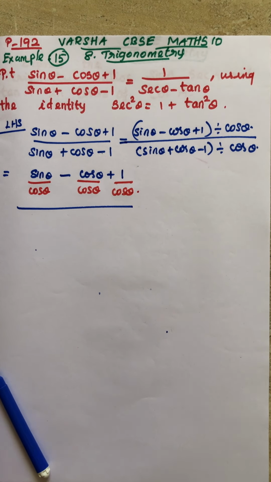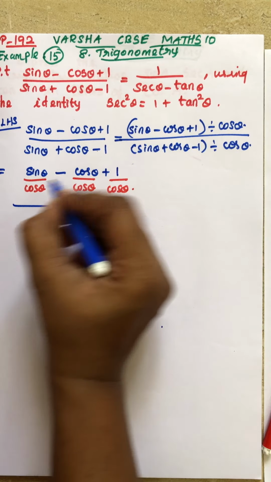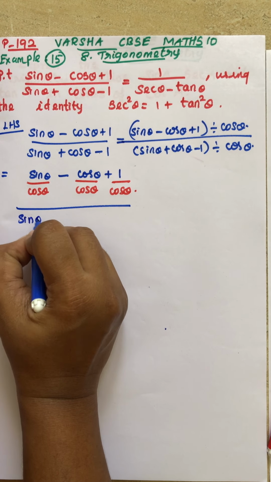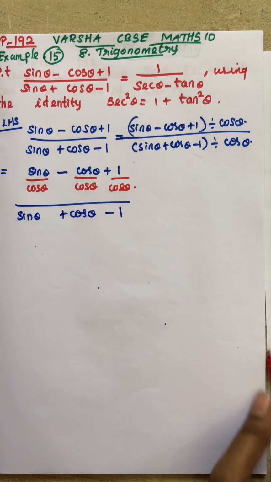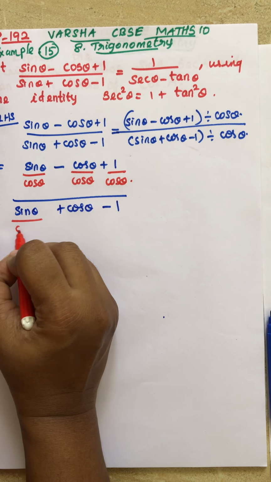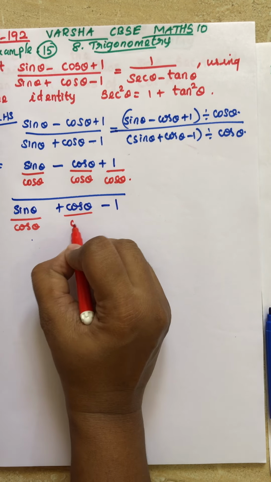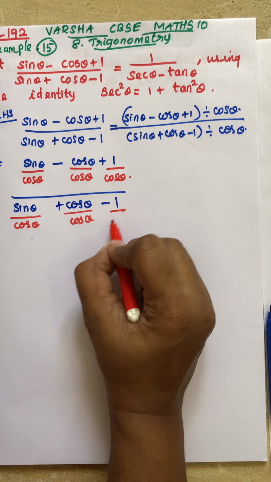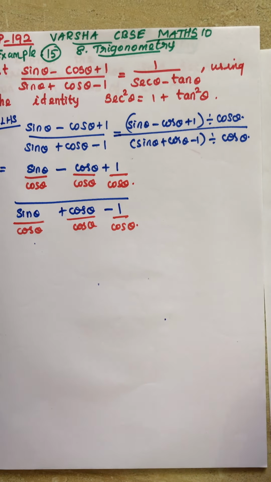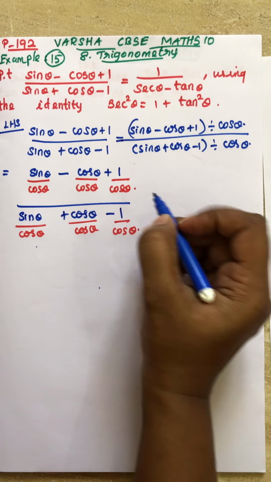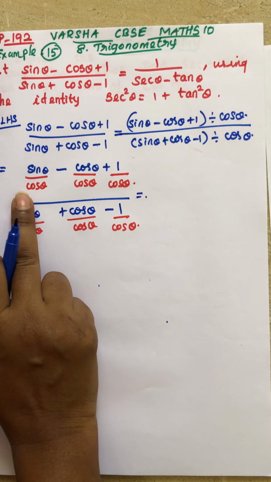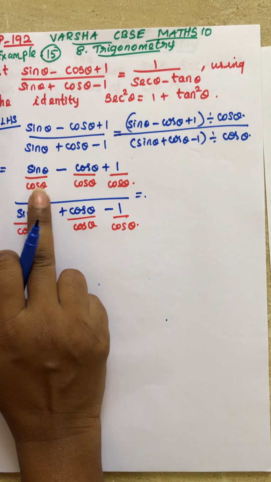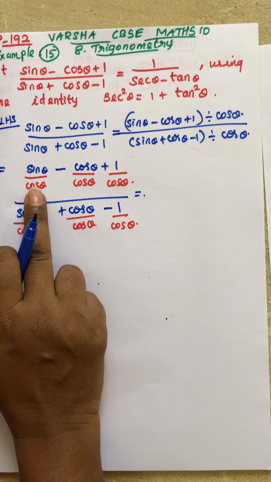Do you understand this step? Then the denominator, sin theta plus cos theta minus 1. In the same way we divide every term by cos theta. I hope you all understand. Why do we divide? Only then can you get tan and secant.